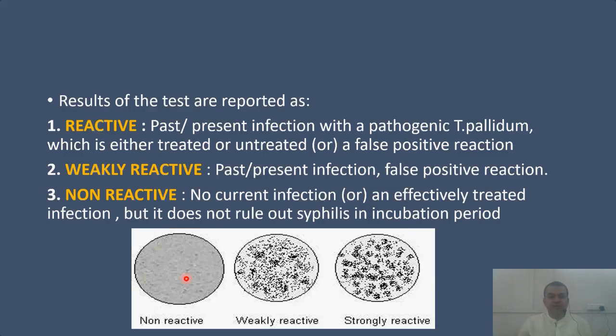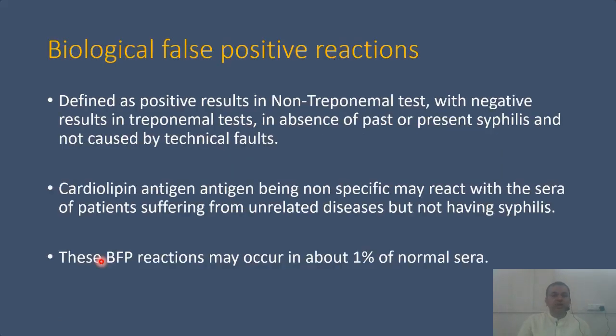Then you will see the titer has gone low or the result has become negative. That means the treatment has helped him recover from the disease. That is what is important in the non-treponemal or standard test of syphilis. Here you can observe how the patient is improving, or whether there is a worsening of the condition on the serology.